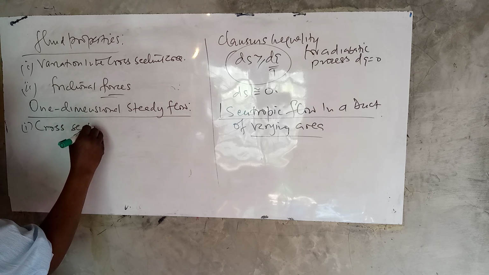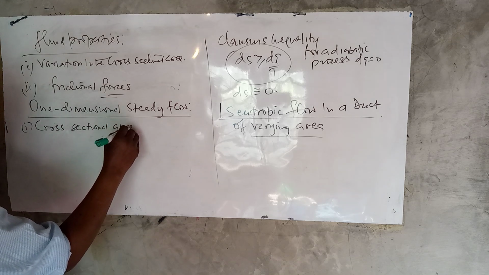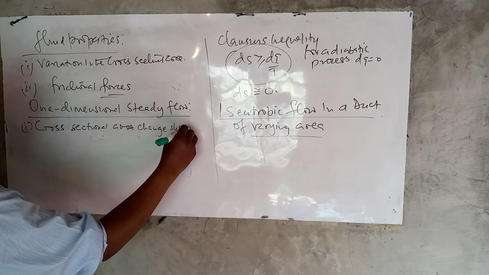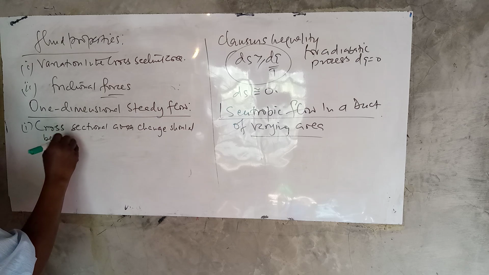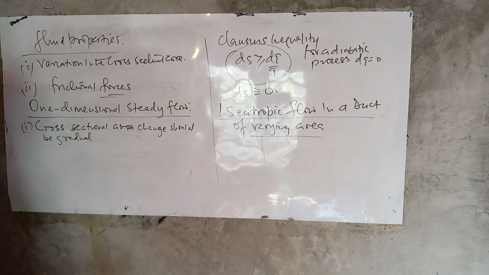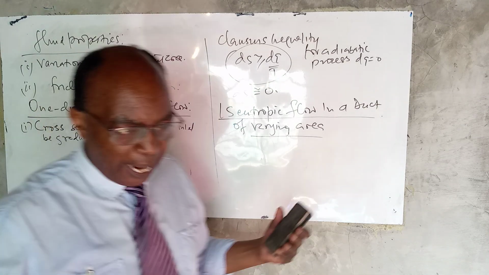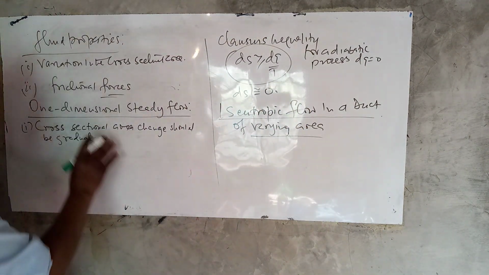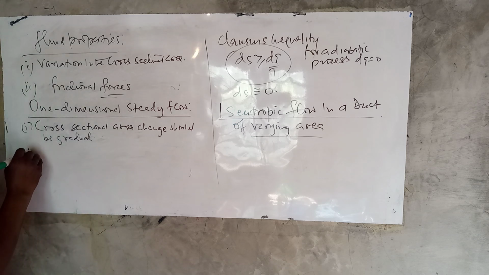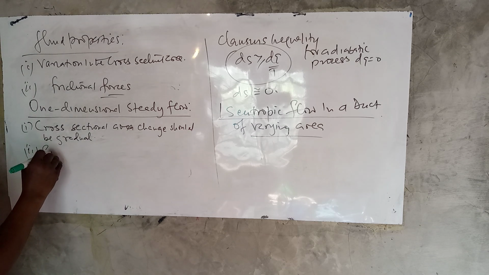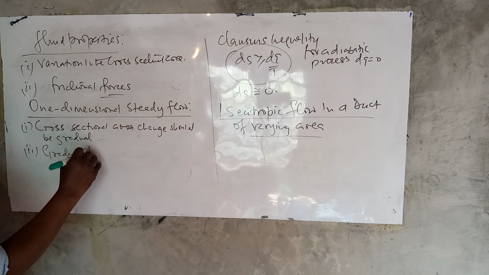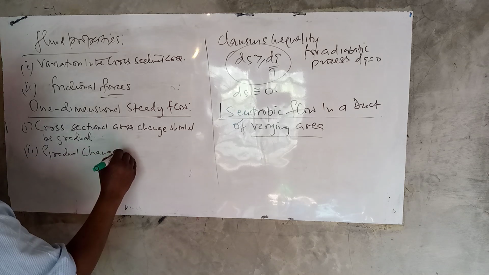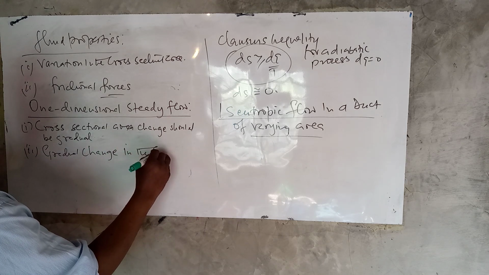The cross-sectional area change should be gradual. So there shouldn't be any abrupt change in the cross-sectional area. And number two, there should also be gradual change in the curvature of the axis of the duct.